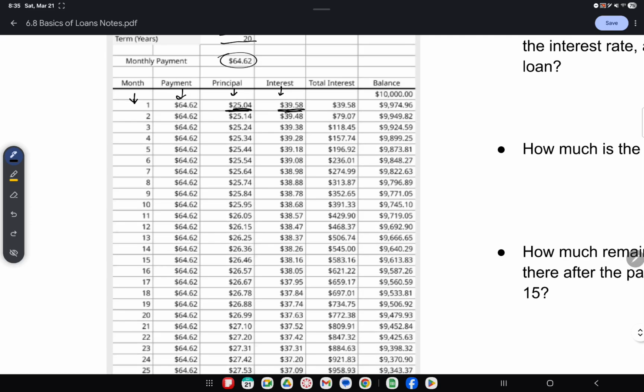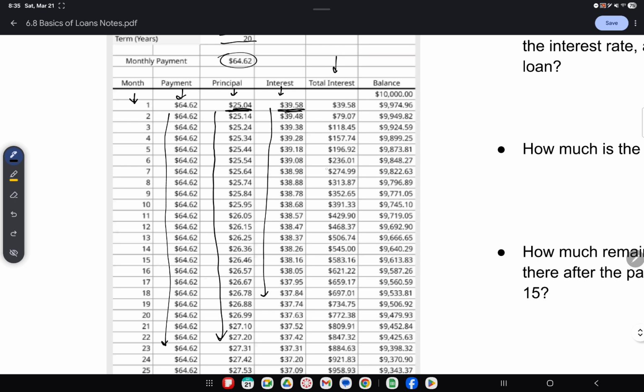So you can see, as we're paying that same amount each month, that the principal amount is slowly getting higher and higher and higher. So you're getting closer and closer to paying that loan off. And the interest payments are going down, down, down. And then it has a column here for the total interest that you're paying over the course of the loan.